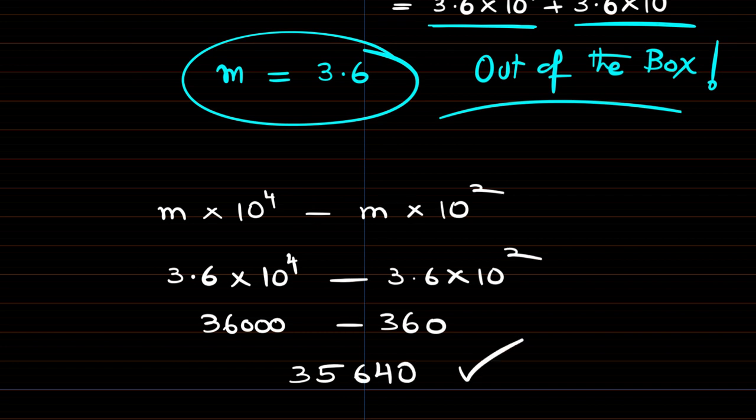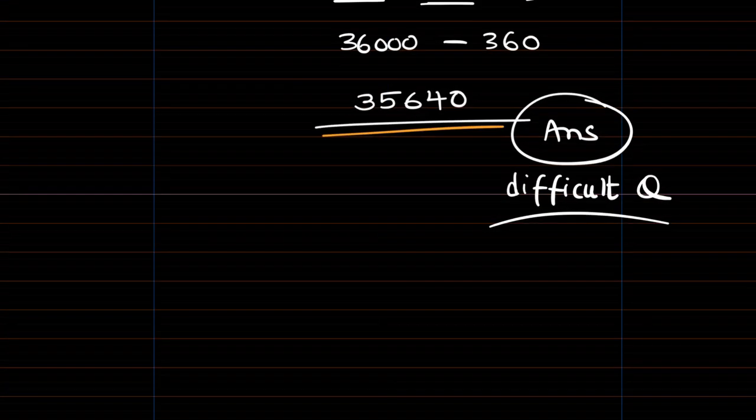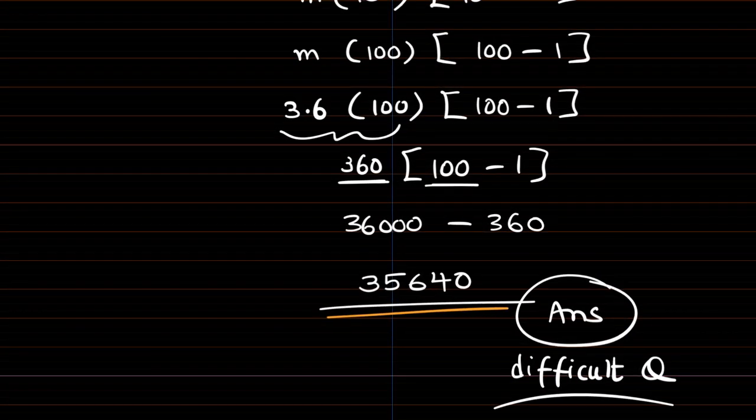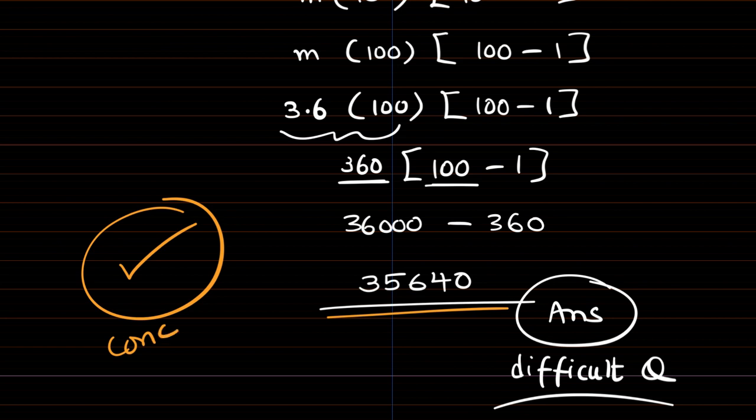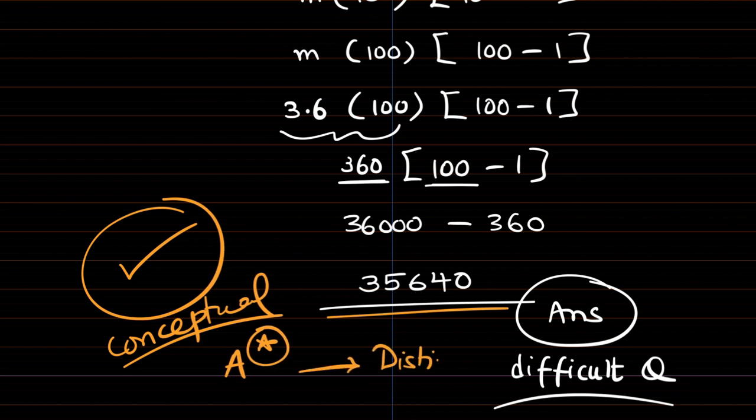And that's how this tricky question is made easier with proper concept. So that's how we study maths. That is how maths is to be taught in a conceptual way. So anything out of the box which will make you get an A star and hence a distinction, that is possible by studying math this way.